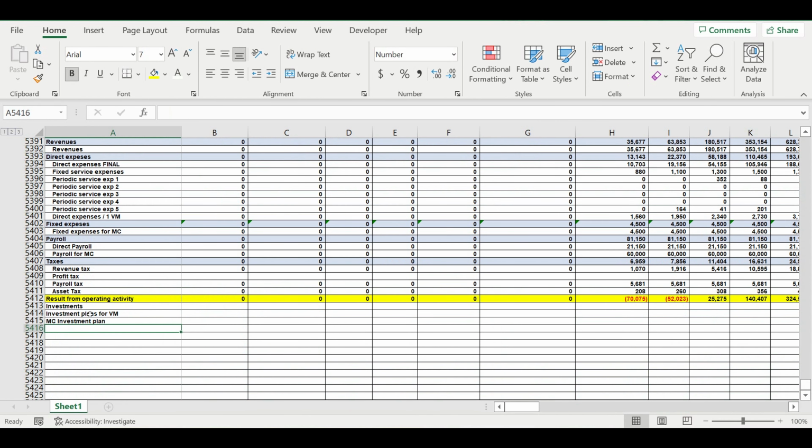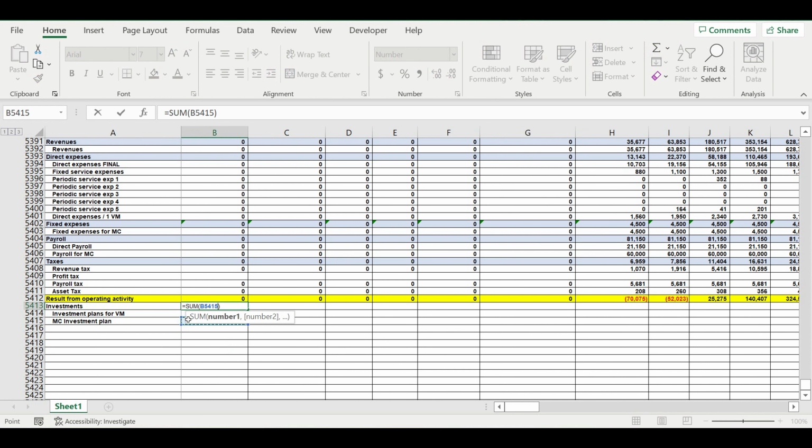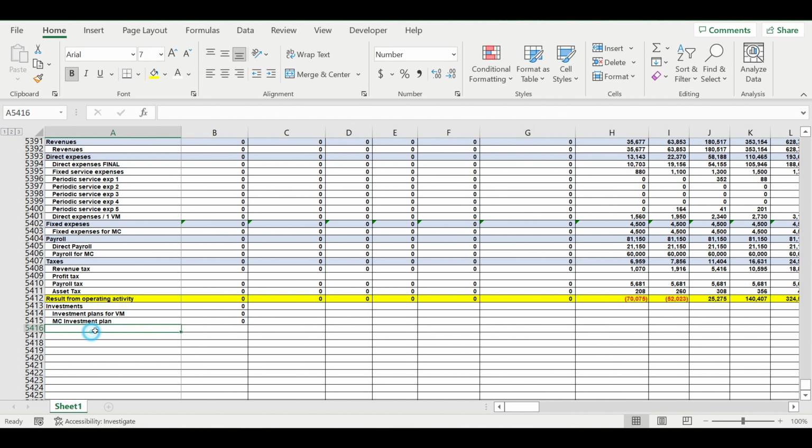So we have two investment plans. Here is the result from investment activity.